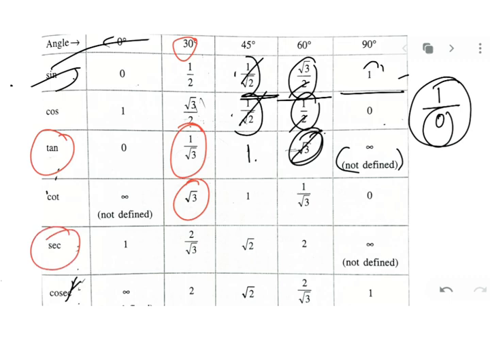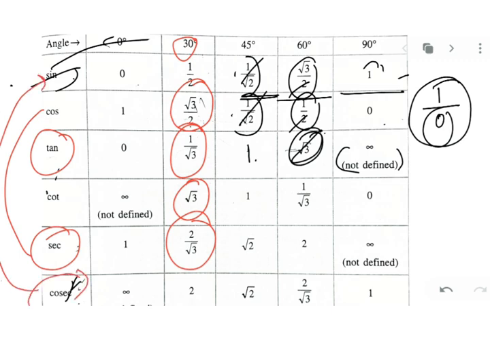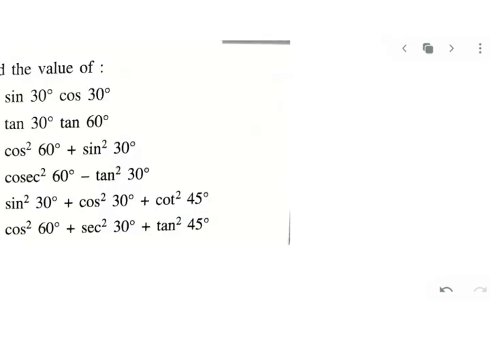Sec is always the reciprocal of your cos. So if I have cos 30 degree as √3/2 and I want to find sec 30 degree, it will be 2/√3. So it will be the reciprocal. And what about cosec? Cosec will be the reciprocal of sine. So if I have sine 30 degree as 1/2 and I want to find cosec 30 degree, it will be 2/1, that is 2. Clear?